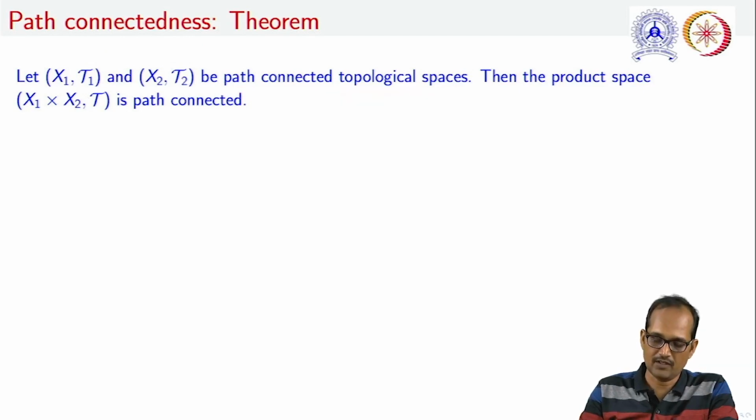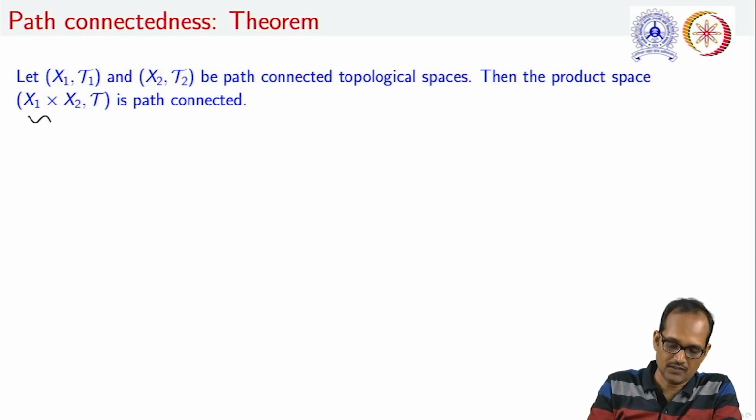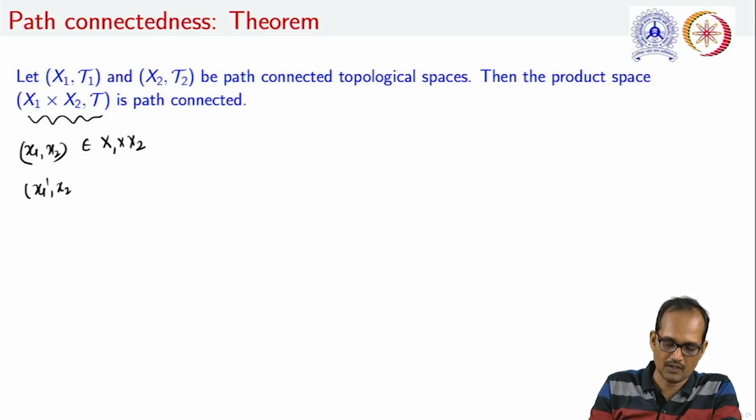What we can justify is that the product space X1 cross X2 with product topology is also path connected. In order to justify that this space is path connected, let us take two elements of X1 cross X2. The first element is (x1, x2), and the second one is (x1 dash, x2 dash) in X1 cross X2.